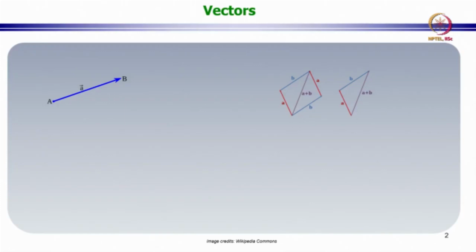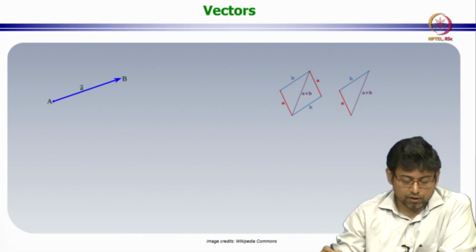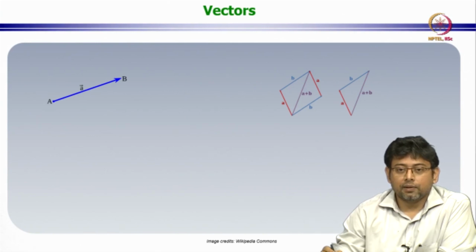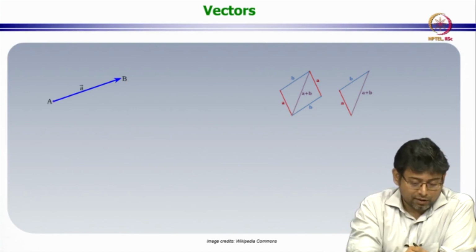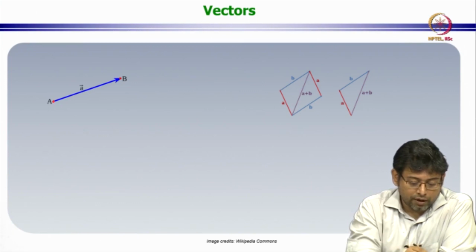Now, vector spaces. The word vector is something I hope almost everybody taking this course is familiar with. When we are young, we are taught that a vector is an arrow. So it looks something like this. You have, let's say, a point A and another point B, and you want to draw a vector joining them.